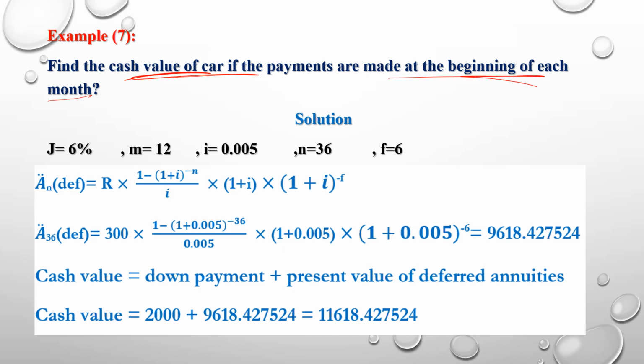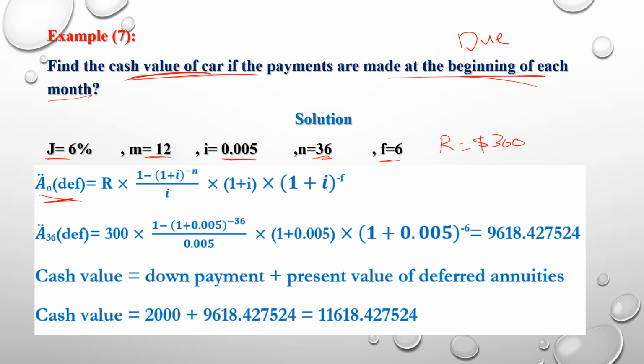So these payments are an annuity due, not an ordinary one. Again, J equals 6%, M equals 12, I is J over M, N is 36, F equals 6, and R equals 300.